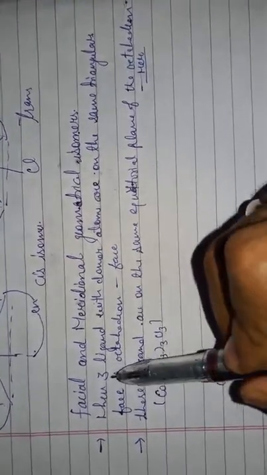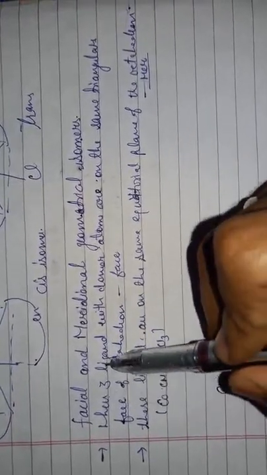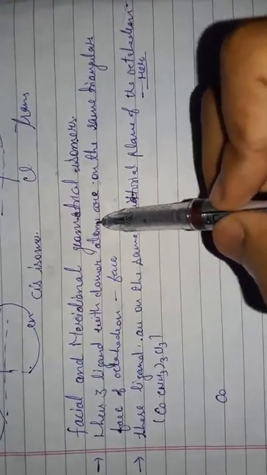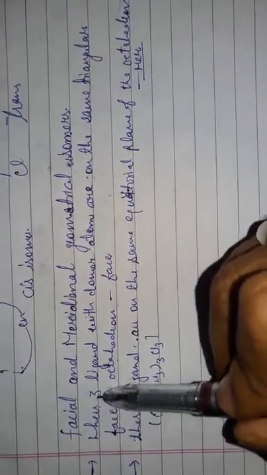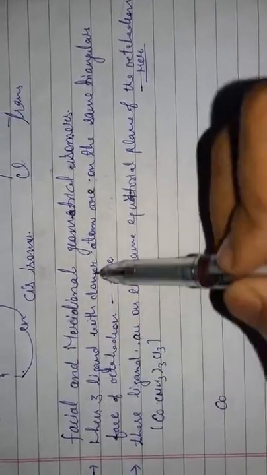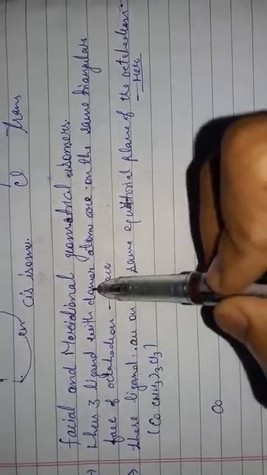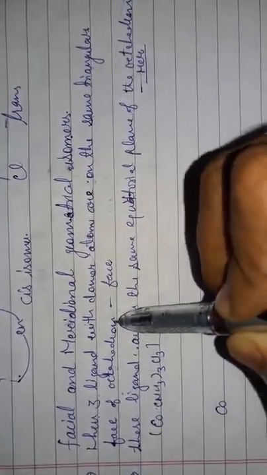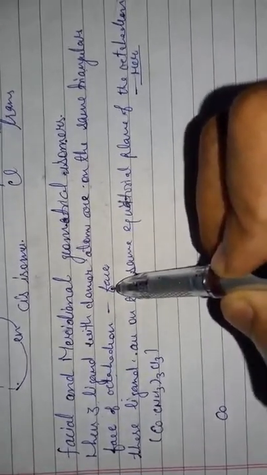Okay students, next is facial and meridional geometrical isomerism. These are the two types of isomerism that arise here. First is the fac isomer. In the fac isomer, the three ligands with donor atoms are on the same trigonal face of the octahedral complex. Repeating once again: the three ligands with donor atoms on the same trigonal face of the octahedral complex is called the fac isomer.